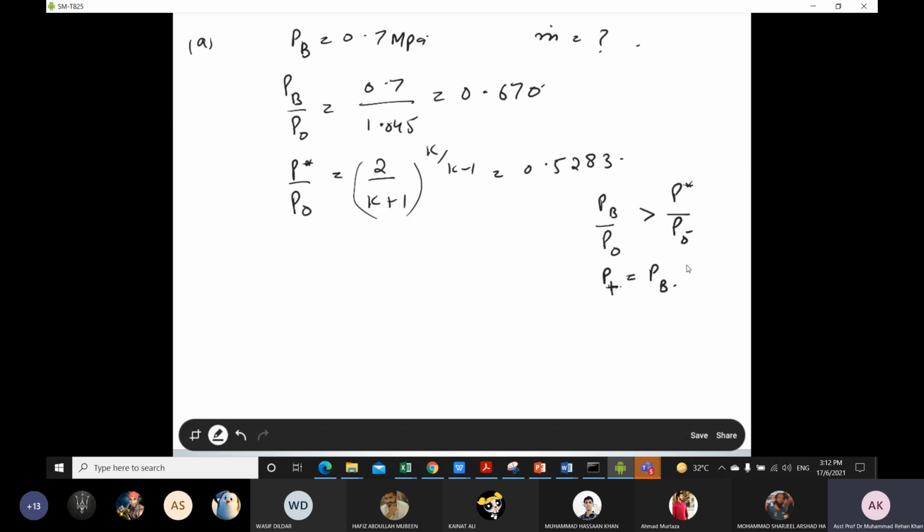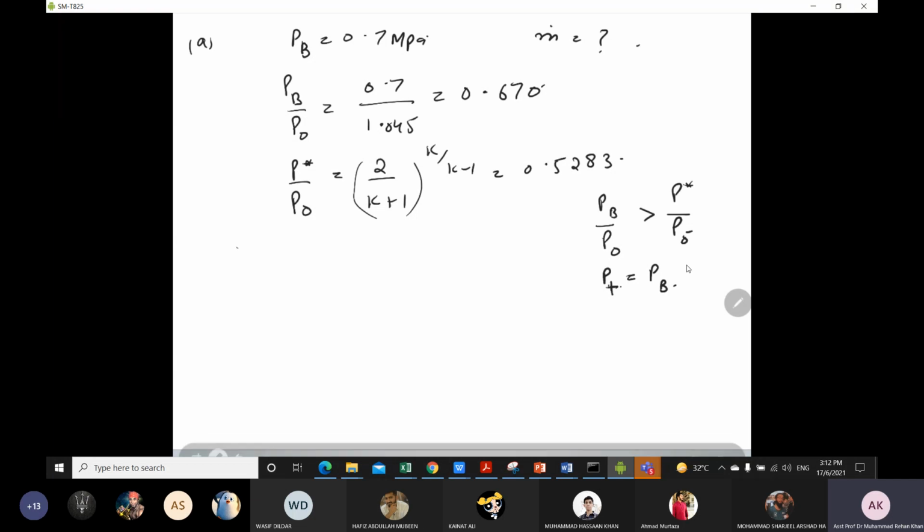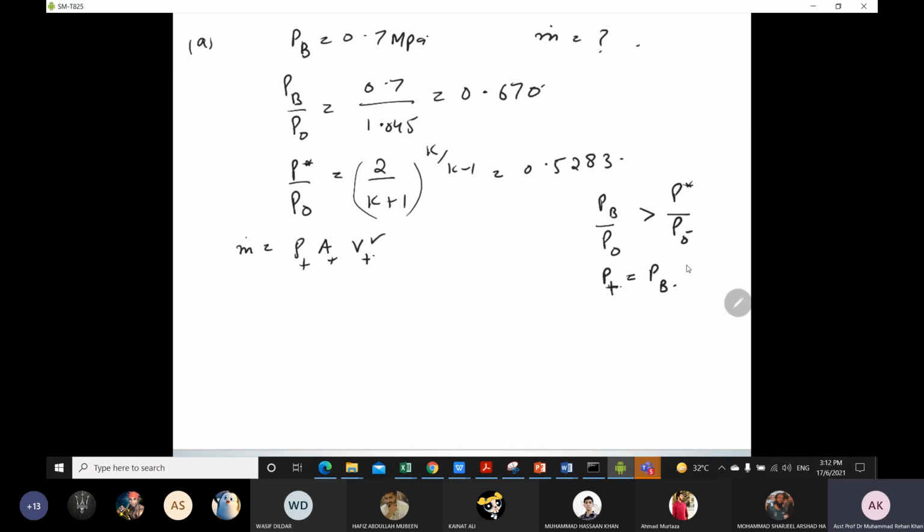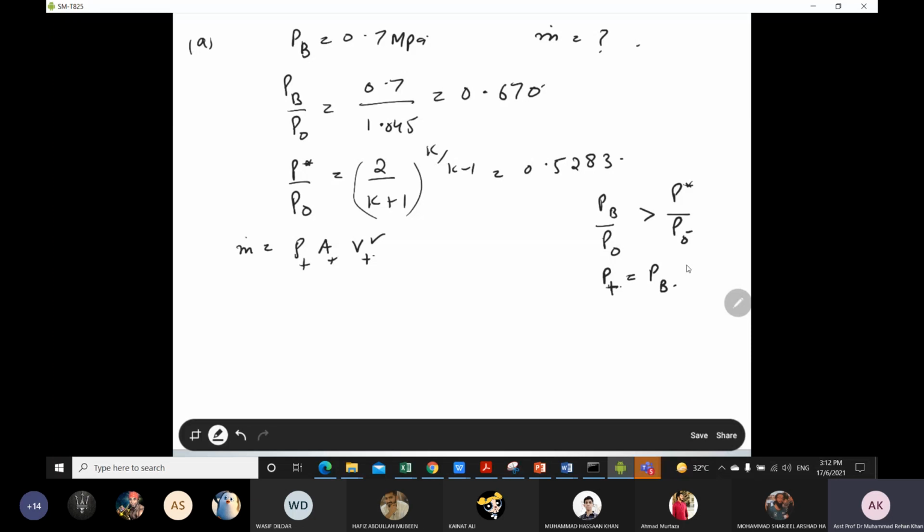Another important point is that in order to find your mass flow rate, we can say mass flow rate is equal to rho at throat, area at throat, and velocity at throat. We do not have the value of temperature at throat. If we have the temperature at throat, then we can find the velocity at throat.